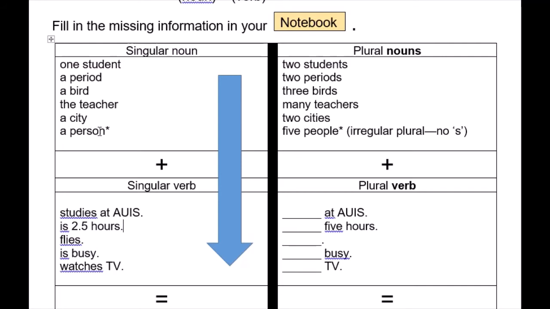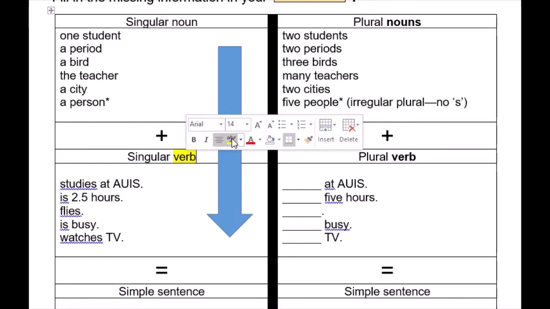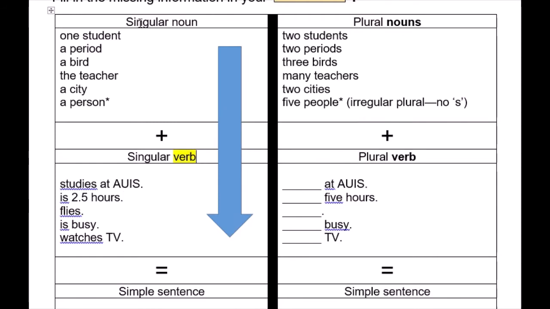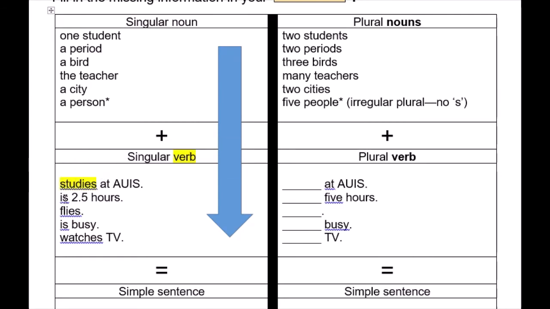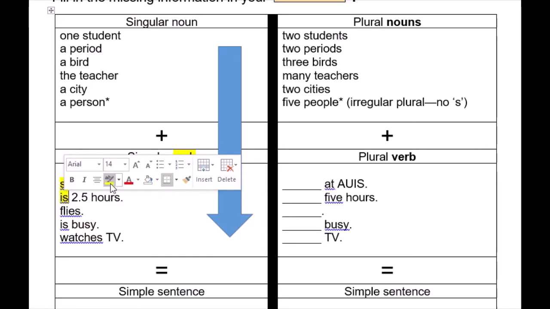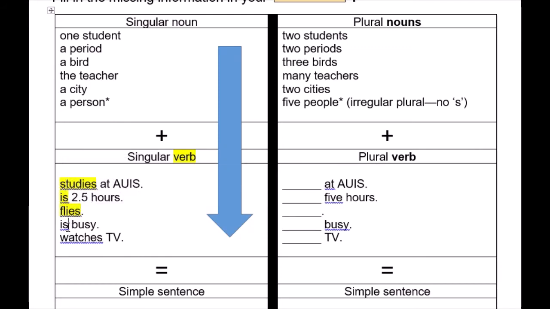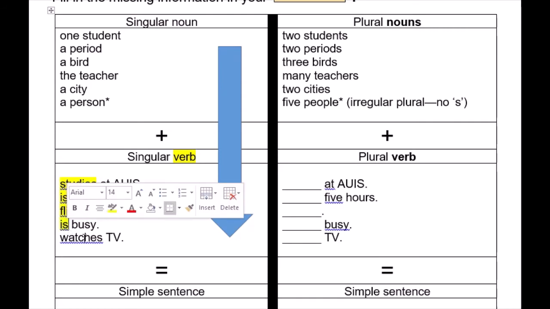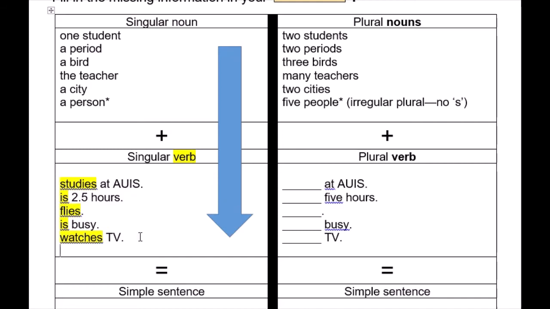A person watches TV, okay? So, when you have singular verbs, it means the verb has to go with the singular noun. So 1 student studies. A period is 2.5 hours. A bird flies. The teacher is busy. A person watches TV, okay?